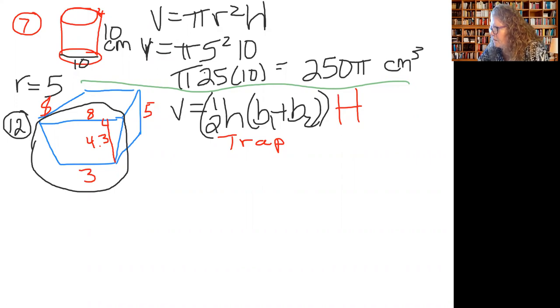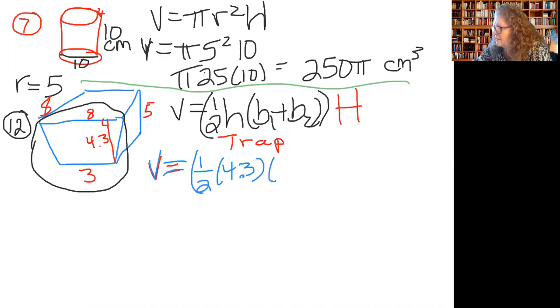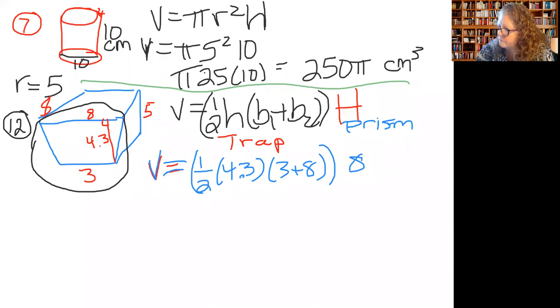V is equal to 1/2, the h of my trapezoid is 4.3, and then my bases are 3 plus 8, and my height of the prism is 8. This is my H over there.